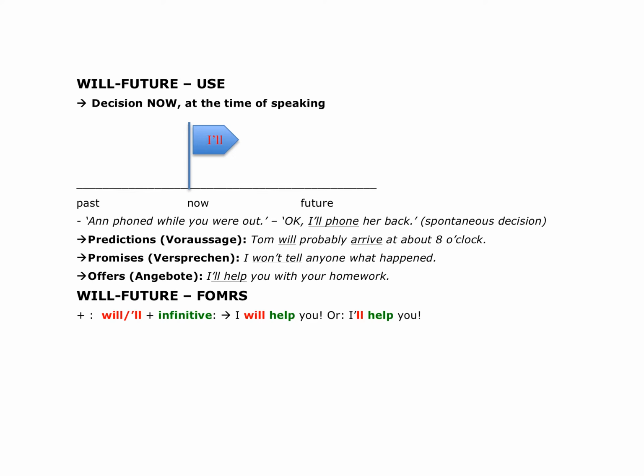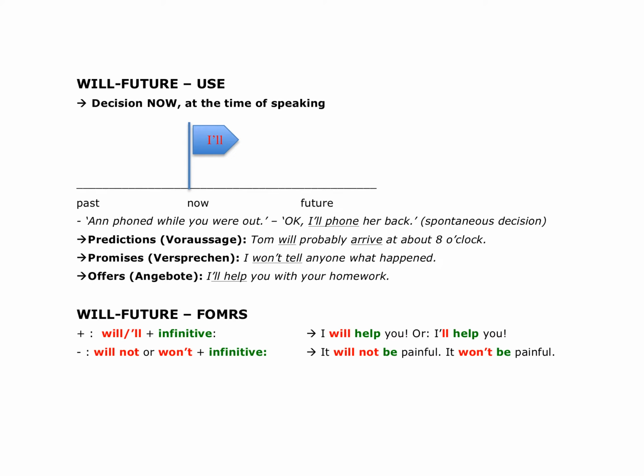Or you can just do the abbreviation and say, I'll help you. For a negative sentence, you use will not or won't plus the infinitive. Like in the example, it will not be painful. Or you can also say it won't be painful. If you want to ask a question in the will future, you start with the will, and then there is the personal pronoun followed by the infinitive, like you can see in the example. Will you come to my party?